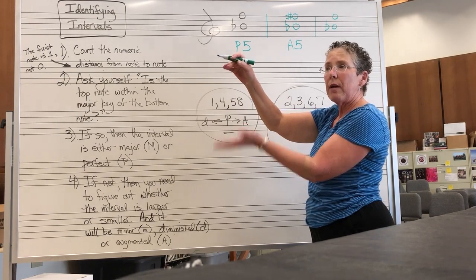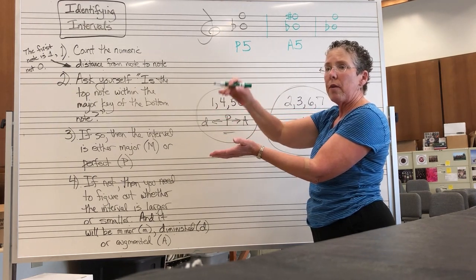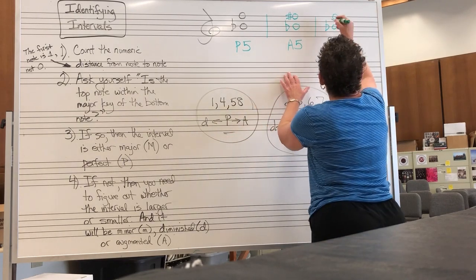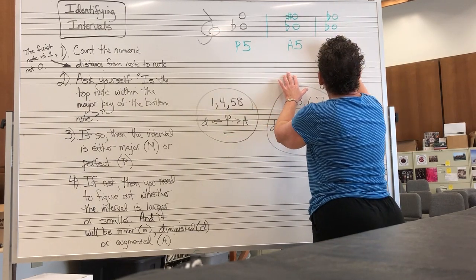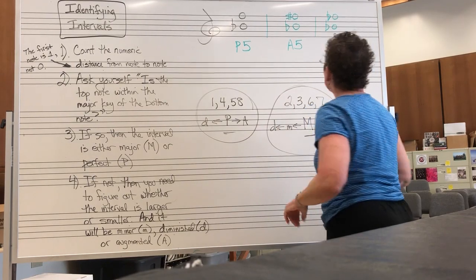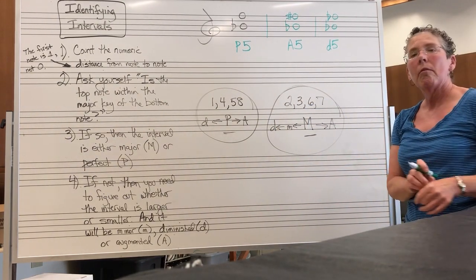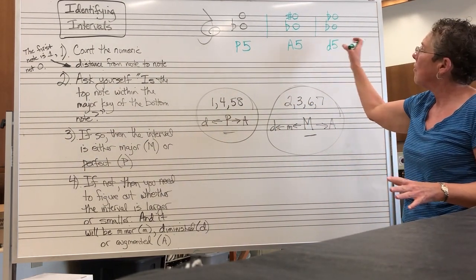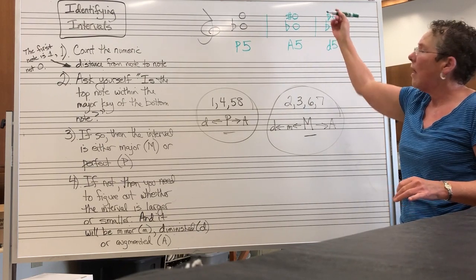So I would have to raise the lower note or lower the top note. But notice that all of those possibilities right there, they're all on the same line and the same line.